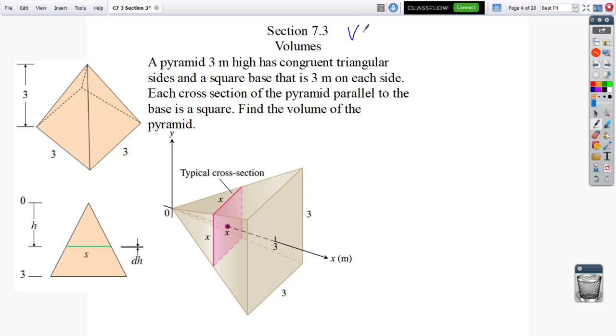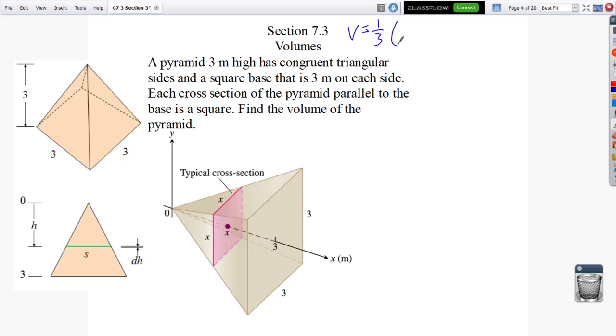So if we wanted to look at what the volume was doing the lame way using geometry, we know that the volume for a pyramid is 1/3 the area of the base times the height. So in this case, we have the base as a square, which is 3 meters. So 3 meters squared to get the base times the height, which is, in this case, 3 meters.